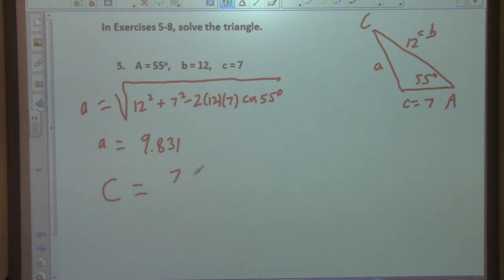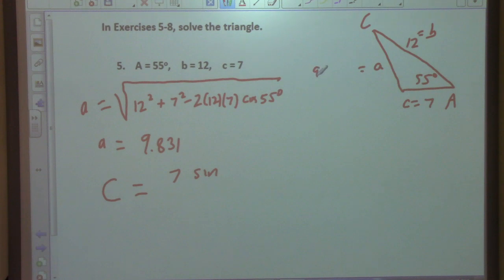7 sine 55 degrees. What did I do here? I need to find the angle. I have A. So A, this is 9 point.